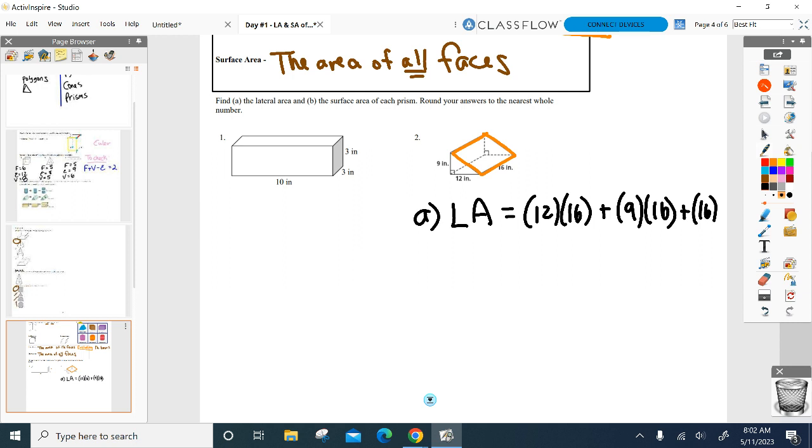How do I find the other side? What can we rely on here, which we've relied on all year, it seems like. Pythagorean theorem. Yep. And I see a lot of you guys are already starting to do that. Good. Nine squared plus 12 squared equals c squared.